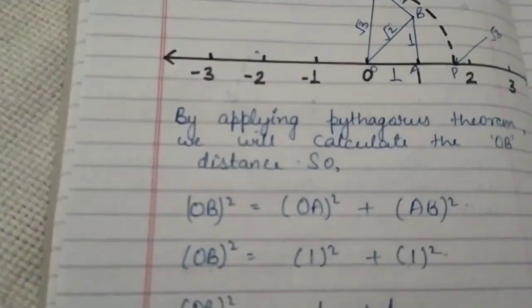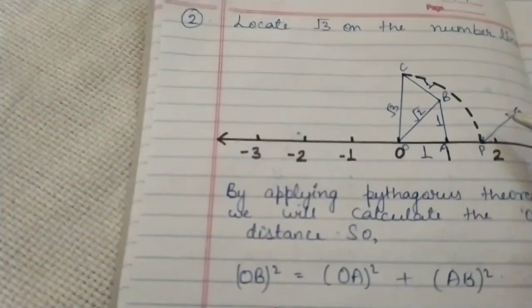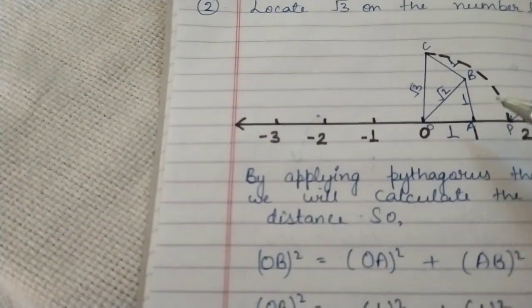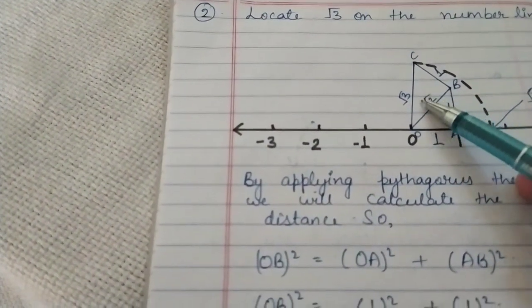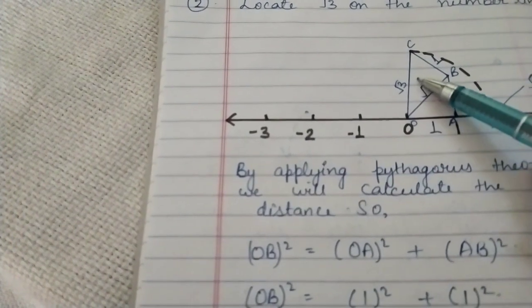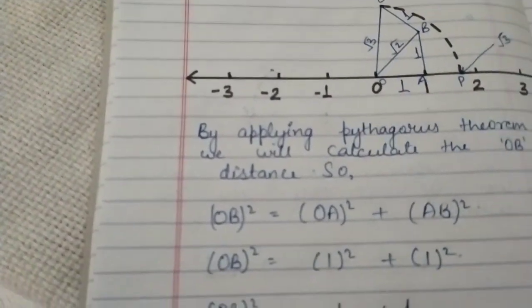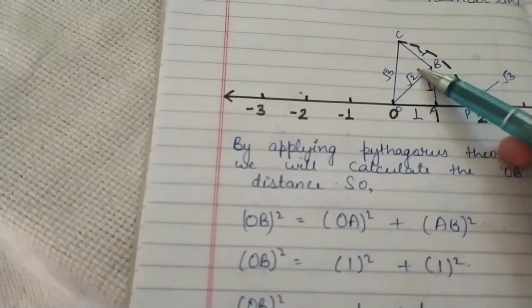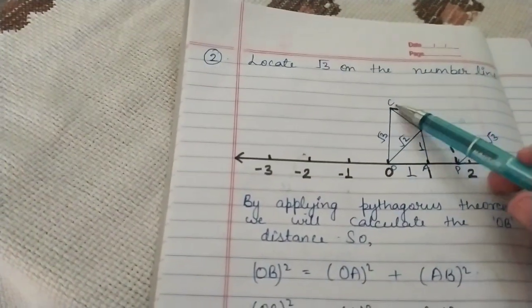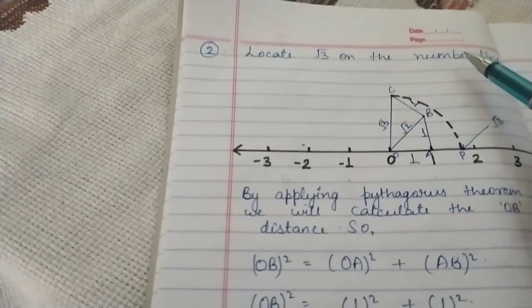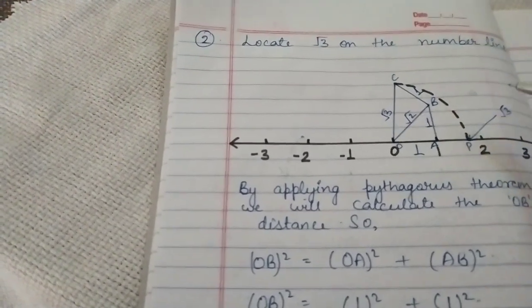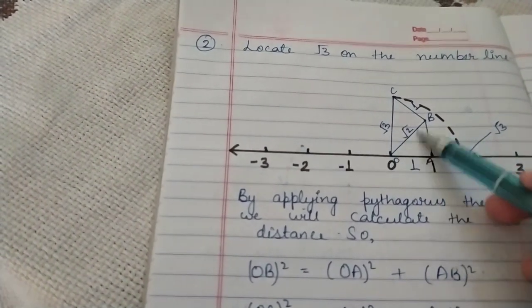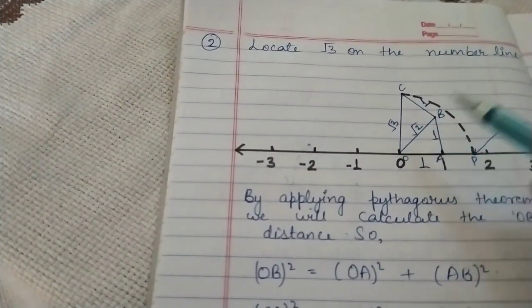And OB, with the help of Pythagoras theorem, we calculate this OB distance as root 2. But we want root 3 on our number line, so this root 2 will not be our answer.